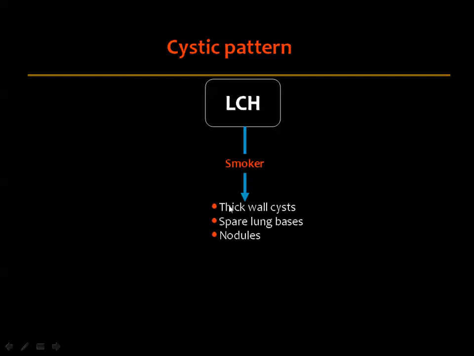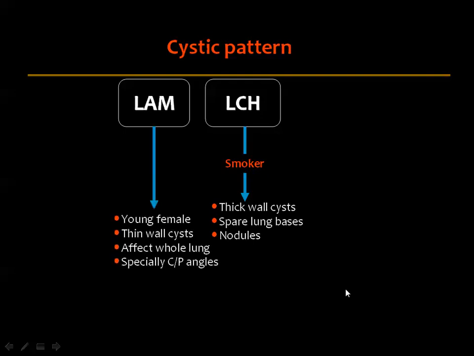Finally, the cystic pattern. We have Langerhans cell histiocytosis, and the patient is a smoker. The cysts are thick-walled, they spare the lung bases, and there are some nodules. The second one is lymphangioleiomyomatosis. The patient is a young female. The cysts are thin-walled.